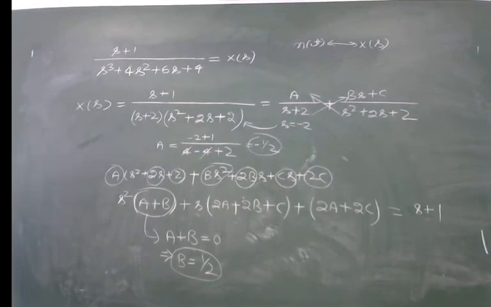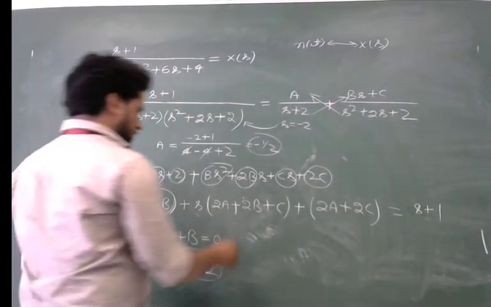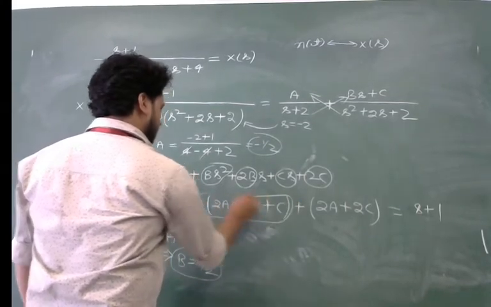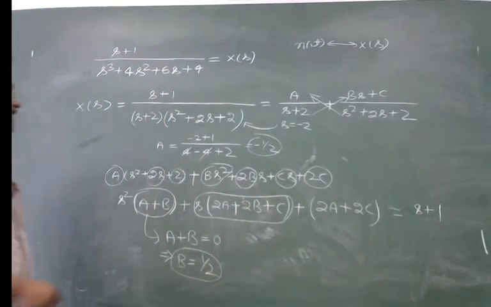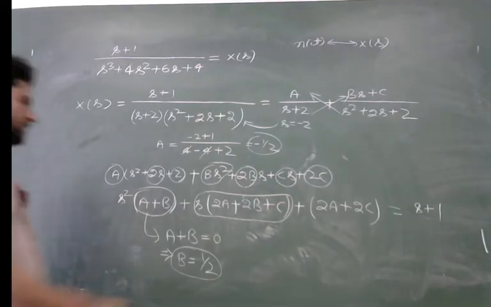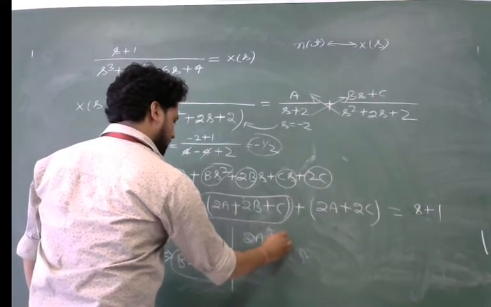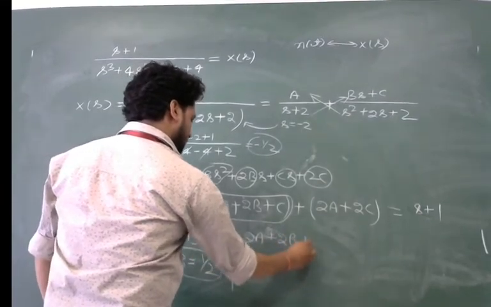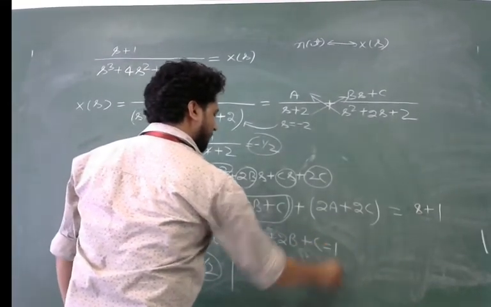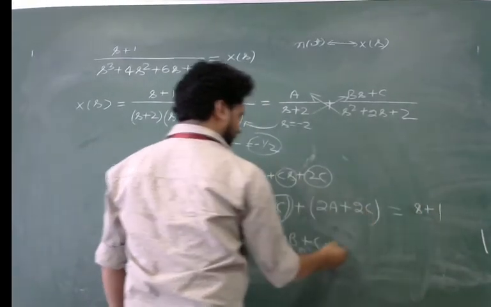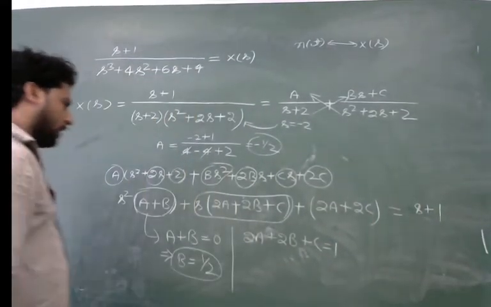And also, from the comparison of s power 1, we will get 2a plus 2b plus c. The coefficient of s power 1 is 1 here, so this will be equal to 1.